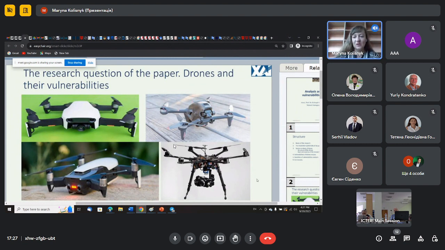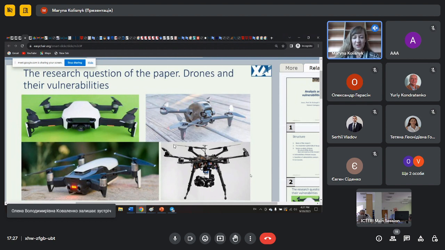We tried to understand what is inside a drone to make a system analysis of this device and to describe which vulnerabilities can be inside the software, hardware, and communication protocols of drones, and which cyber attacks can affect these devices.